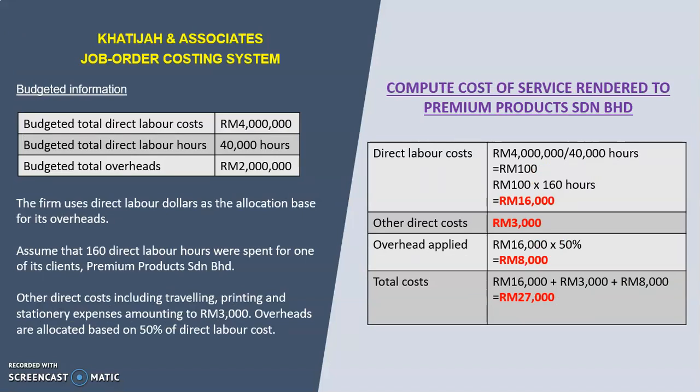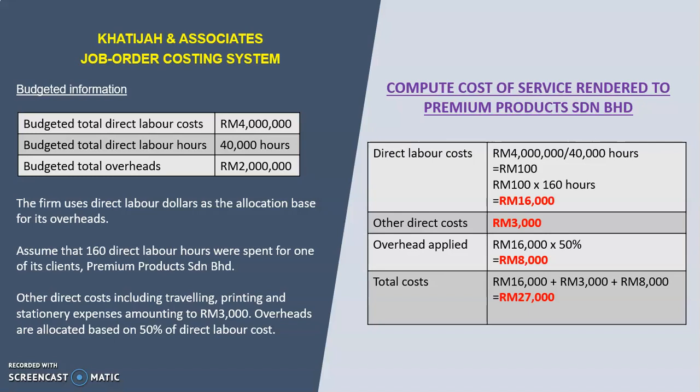Okay, this is another example. Just now we were looking at a manufacturing example. This is a service company. We have Khatijah and Associates, also using a job order costing system. And the company information is as stated here. The budgeted total direct labor cost is RM 4 million, budgeted total direct labor hours 40,000 hours, and budgeted total overhead 2 million. And the firm uses direct labor dollars as the allocation base for its overhead.